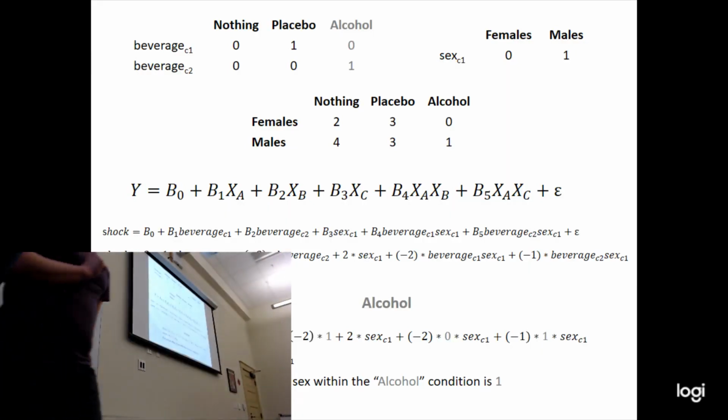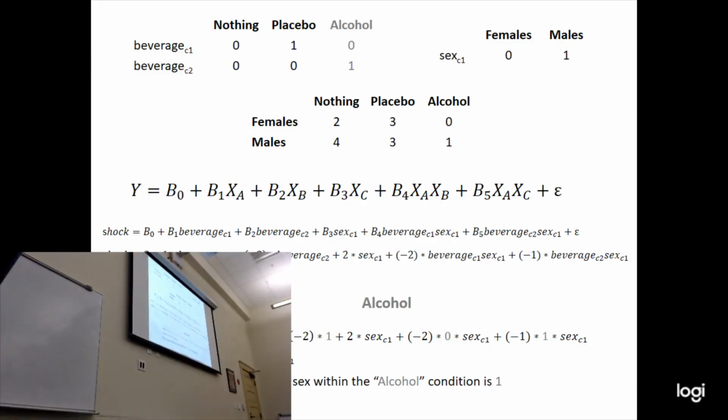One cool feature about using dummy coding with this is that because it's 0 and 1 for sex, the simple effects will always be the difference between the male and female for each group. So how would it be different for effects coding? If I had done -0.5 and +0.5, I'd still get the same simple effects because that's still unit weighted.